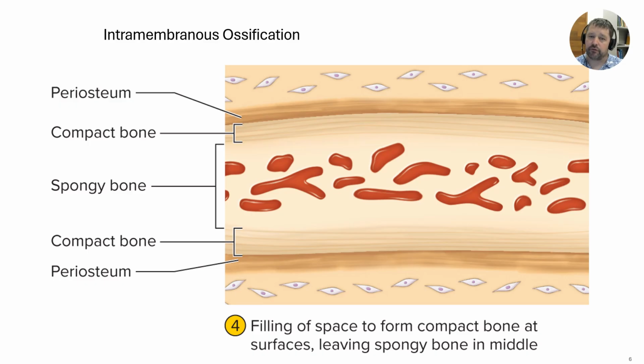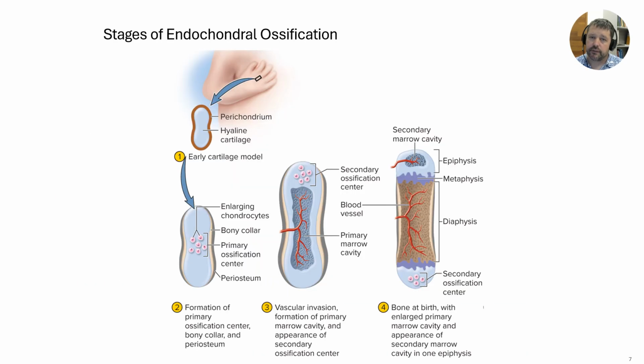So you have periosteum, compact bone, spongy bone, compact bone, periosteum, with mesenchymal cells on the outside. This is how flat bones are typically generated from a juvenile phase, a young stage of life. Now let's look at how endochondral ossification works.